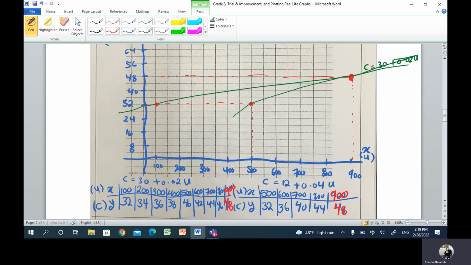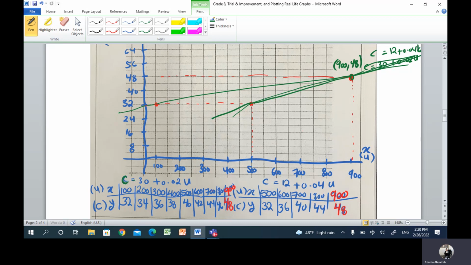So this second line, and again, sorry about my freehand, the equation for it is C equals 12 plus 0.04U. Have you noticed that this point, which is again 900, 48, is the solution for both equations?